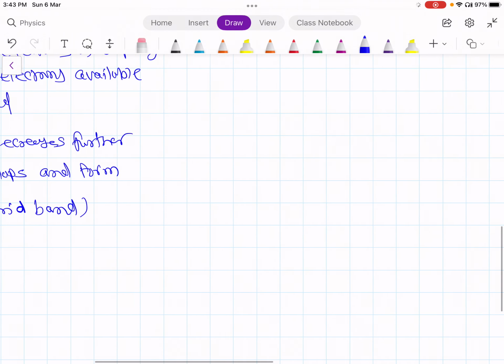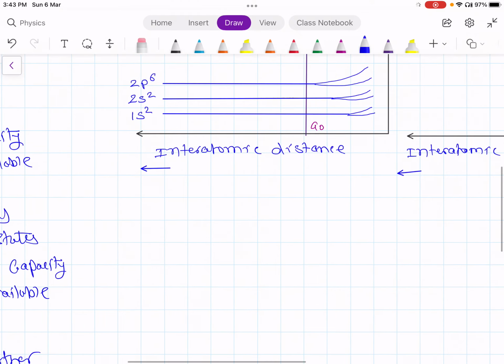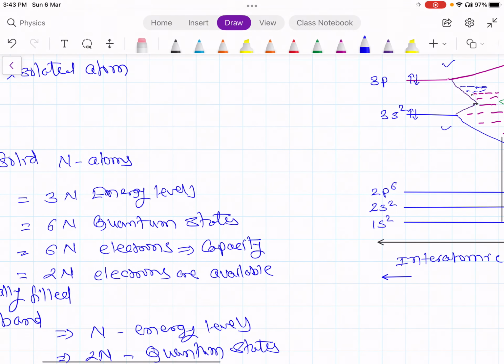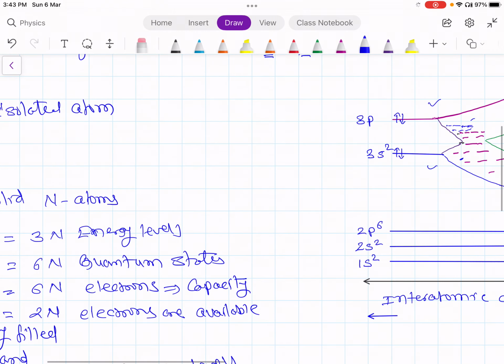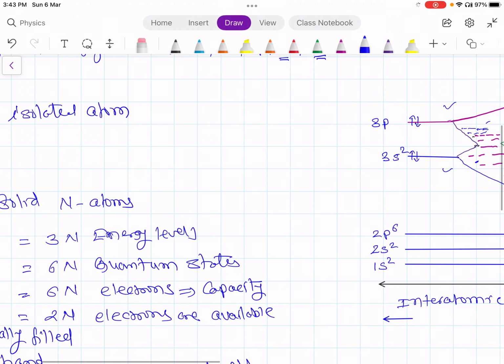In the diagram, as you can see here, as interatomic distance further decreases, these two bands merge into each other and form a hybrid band. Here the hybrid or composite band is formed.